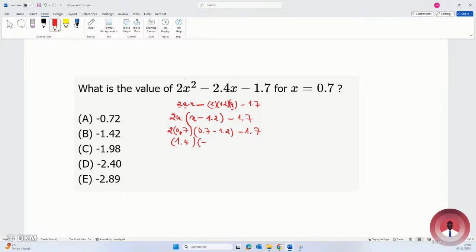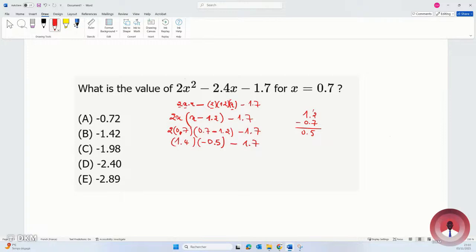This is going to give 0.5. Okay, so if you say 1.2 minus 0.7, 12 minus 7 is 5. You bring 1 here, you have 0.5. And since 1.2 is greater than 0.7, that's why we have the minus sign here, and minus 1.7.